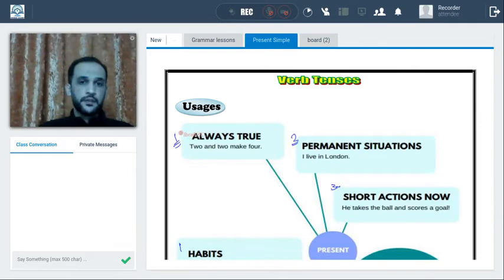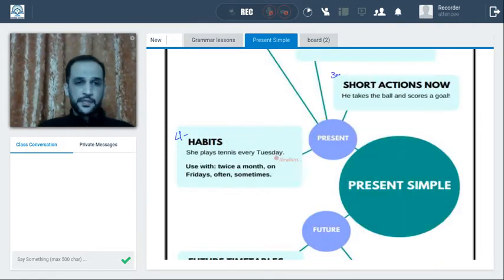Number 4, I can use the present simple to express habits. Look at this example. She plays tennis every Tuesday. So this is a habit.